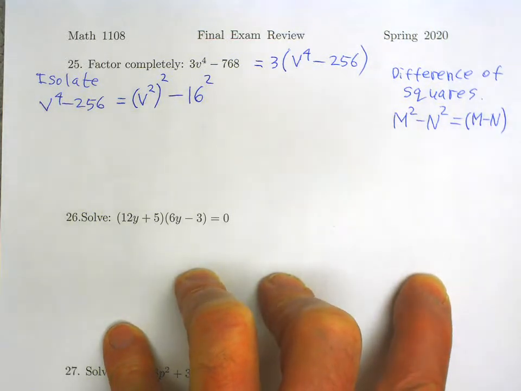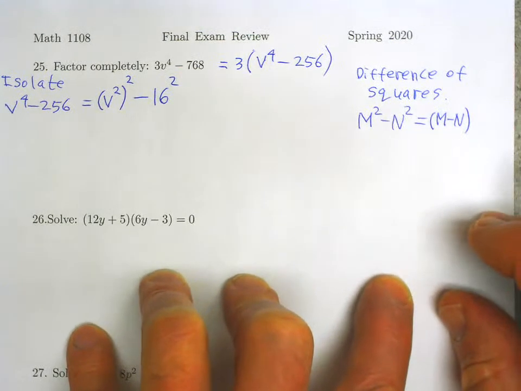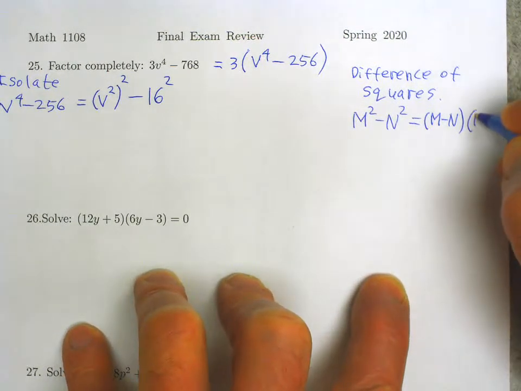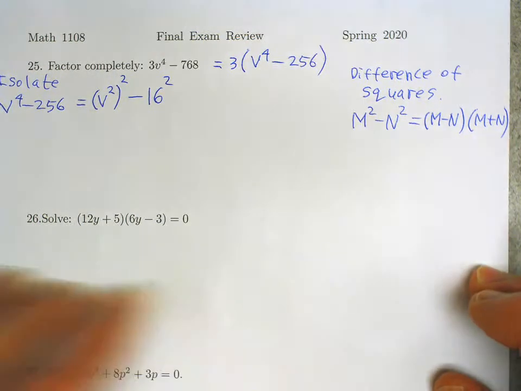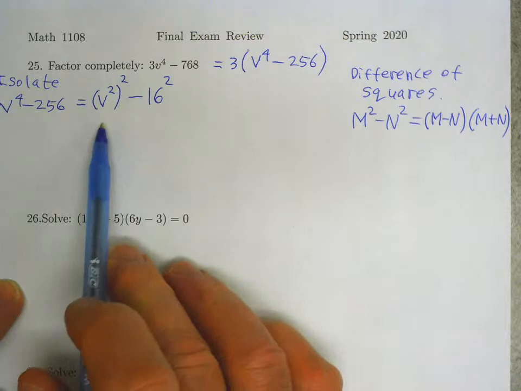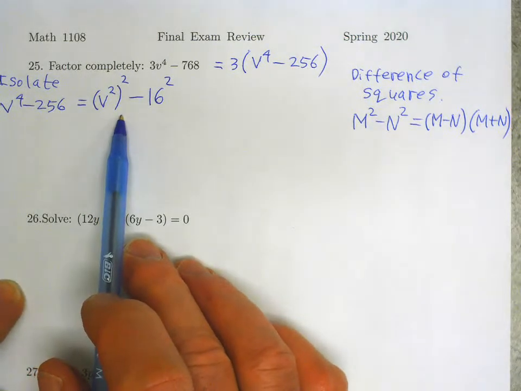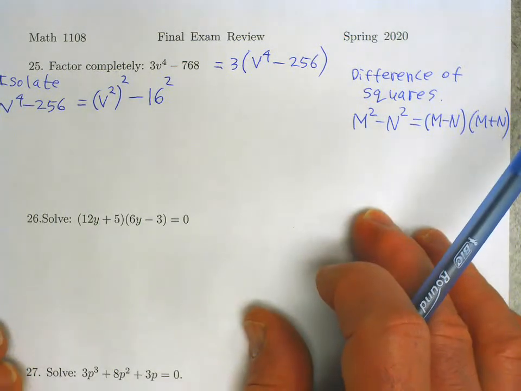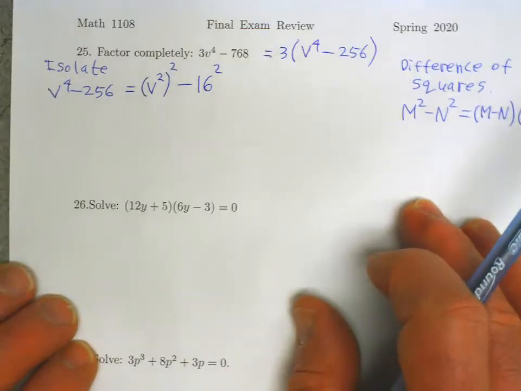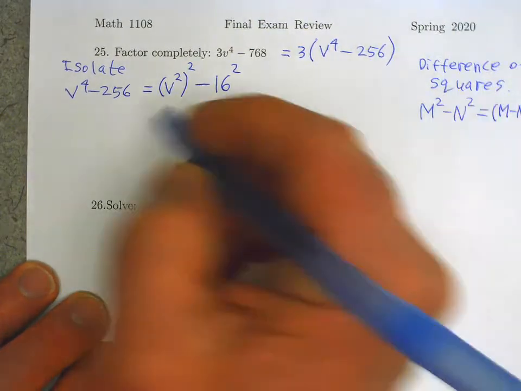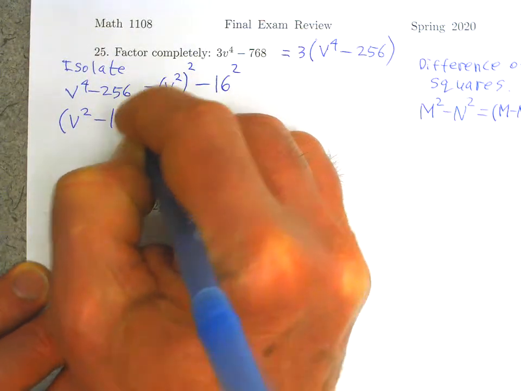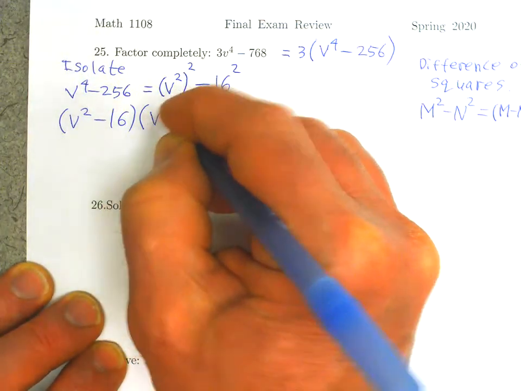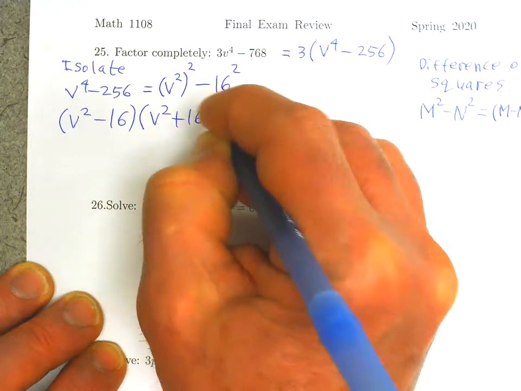The other factor is m plus n. Okay, so we can factor this difference of squares over here. One of the factors will be v to the second minus 16. The other will be v to the second plus 16.